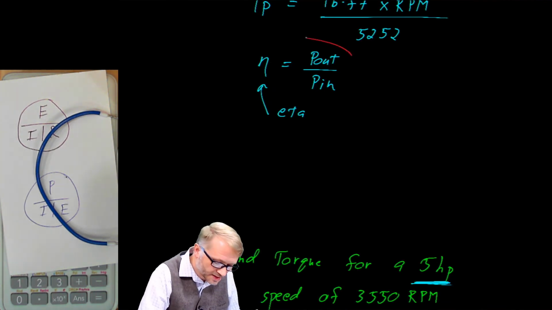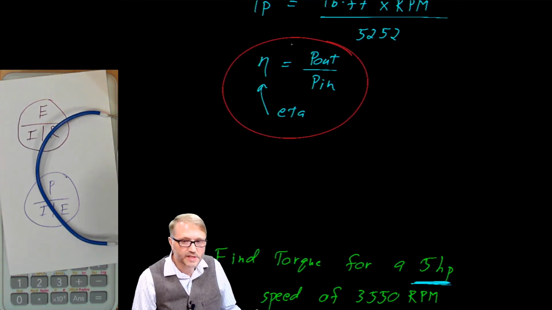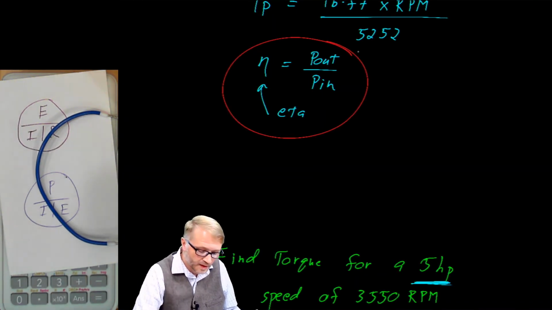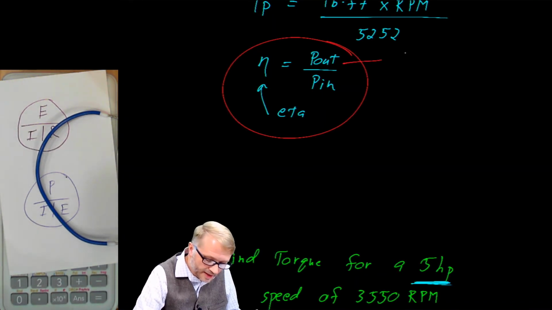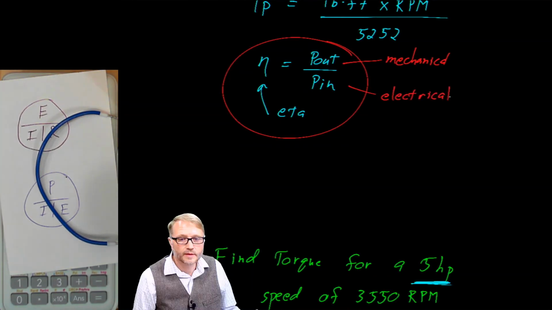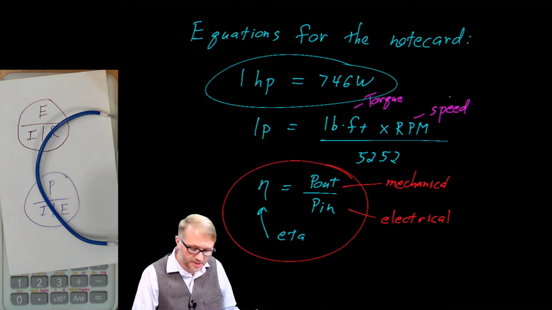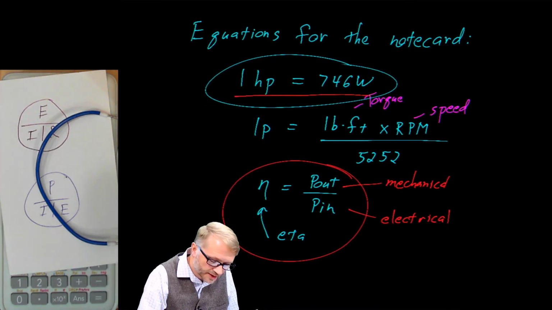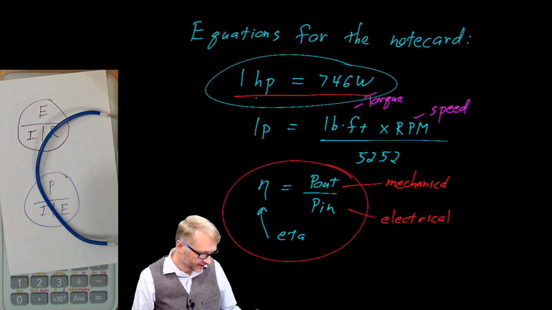And that's where this equation comes to play, where we talk about efficiency being the power out divided by the power in. And we know that our motor has mechanical power out, and it has electrical power in. Those are different, but we do have an equation that helps us with that. So here's our way of converting mechanical to electrical power.